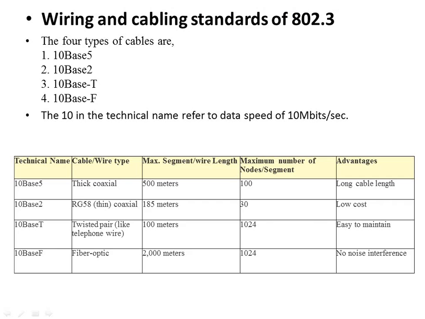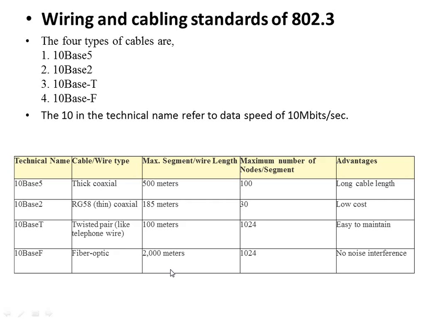Now there are different wiring cables that are utilized for 802.3. There are four types of cables that we use for the data transmission. You know that whenever cabling or a medium access is utilized, you have to connect the cable to the physical layer, right?